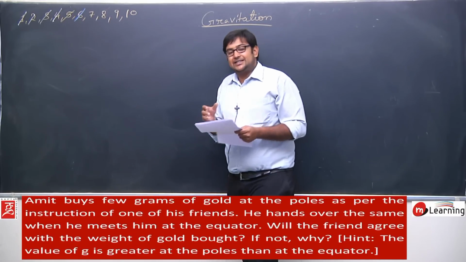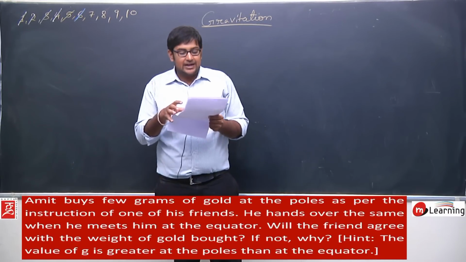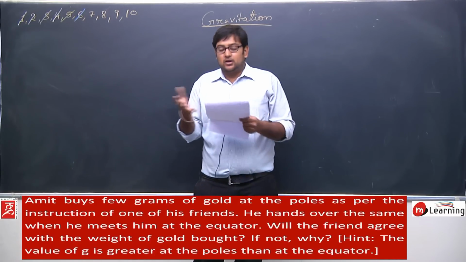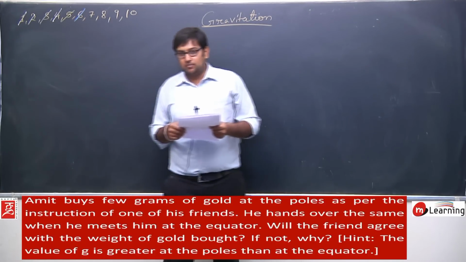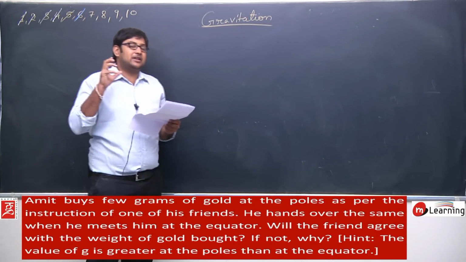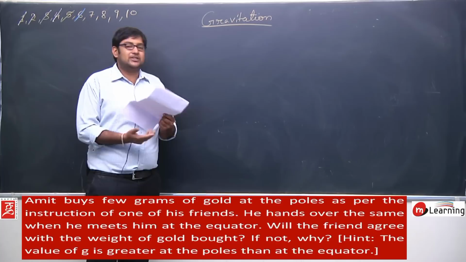So the question says that Amit is standing at the pole. Amit was asked by a friend to buy the gold when he was standing at the pole. Now try to understand this. It is a very interesting, very logical, very conceptual question.